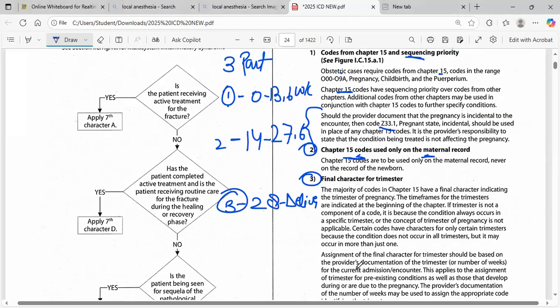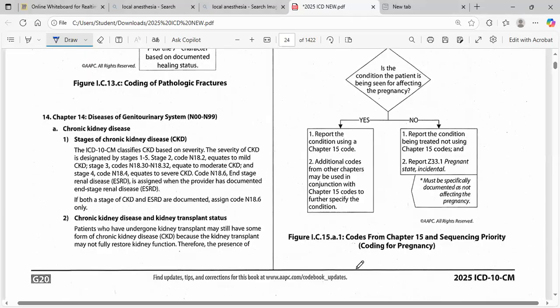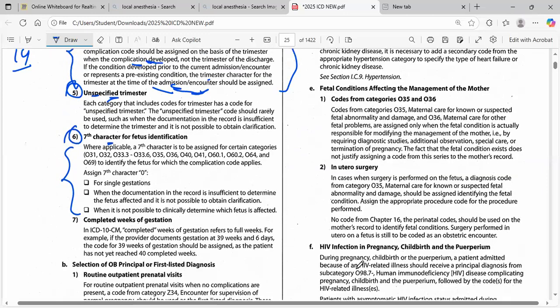So let's go back to the guideline. You can see here, the seventh character will represent which fetus is affected instead of the number of fetuses.